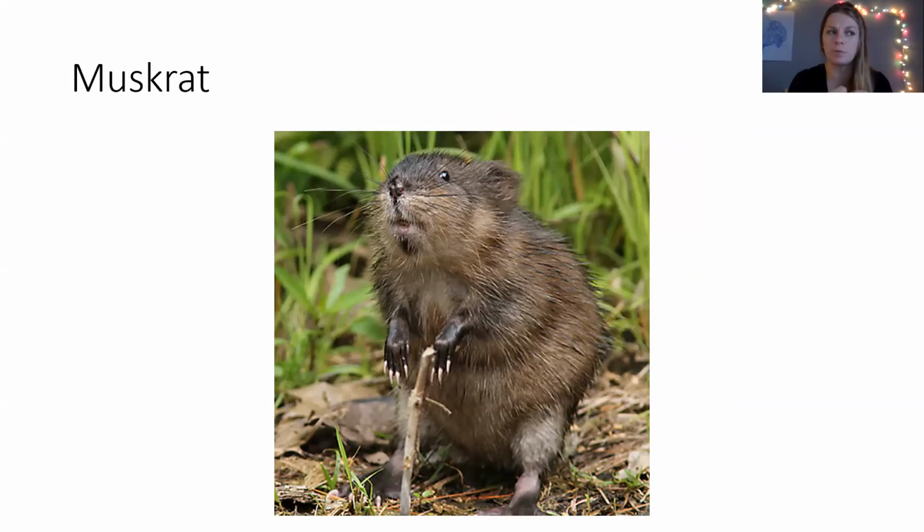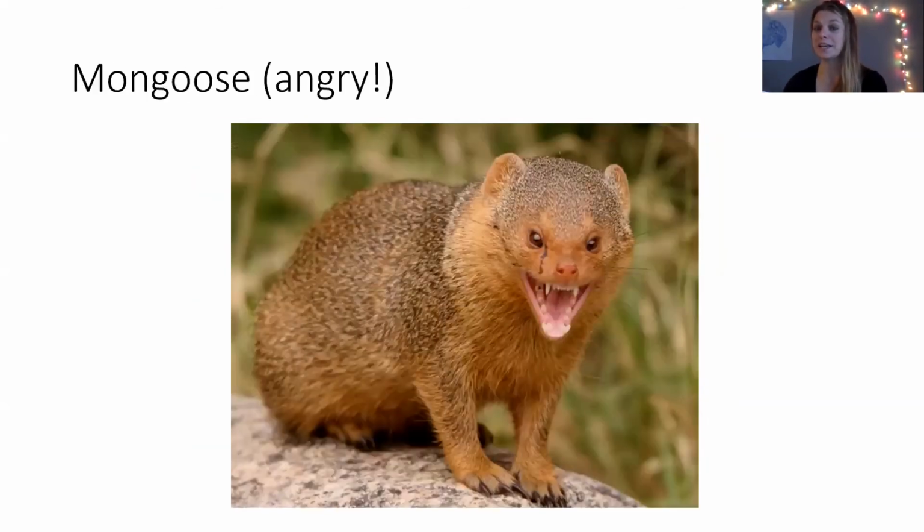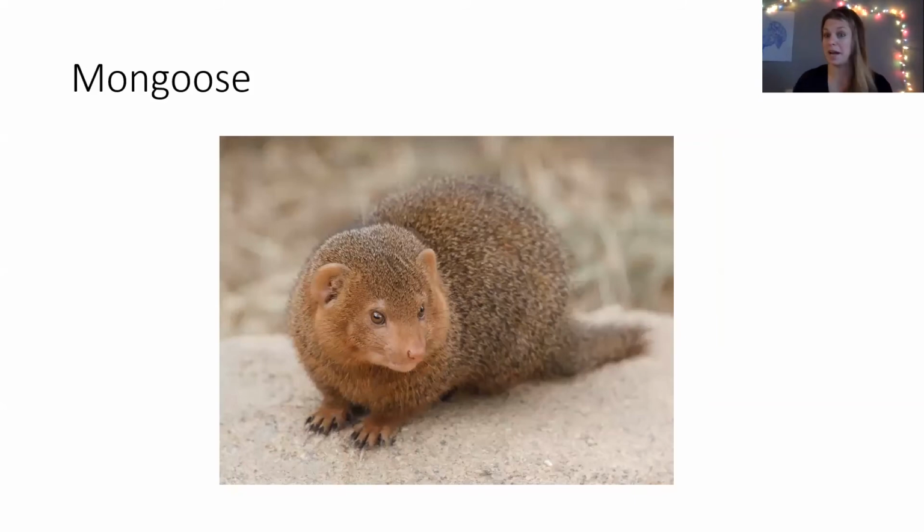And they are similar to a mongoose, but mongooses are much more fierce and they're much stronger, if you will. So those are going to be a couple of our characters. Pay attention to the cobra and the mongoose. That's all. That's my hint, hint, wink, wink, nudge, nudge, bunny.